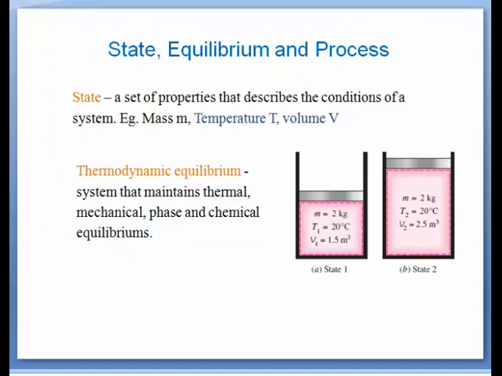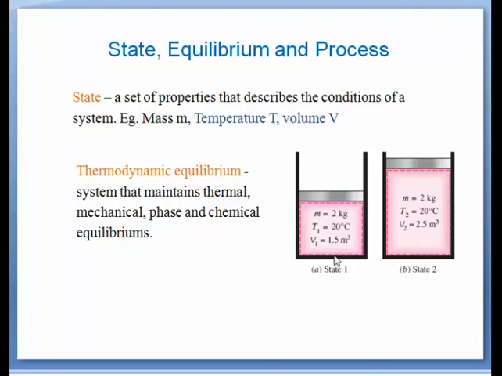It means there is no temperature change, there is no unbalanced mechanical force in the system, it is in a single phase and no chemical reactions are taking place. So if all these four equilibria exist, then we can say that our system is under thermodynamic equilibrium condition.